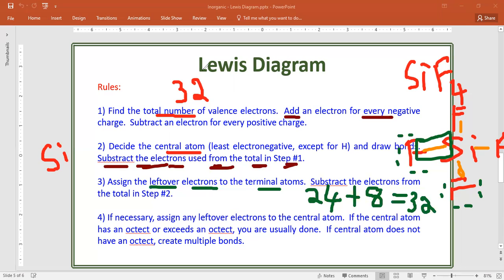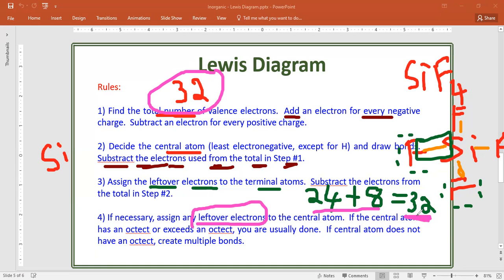So initially we calculated the valence electrons, and after bonding of the silicon and fluorine, we got the result 32. So we don't have any leftover electrons.